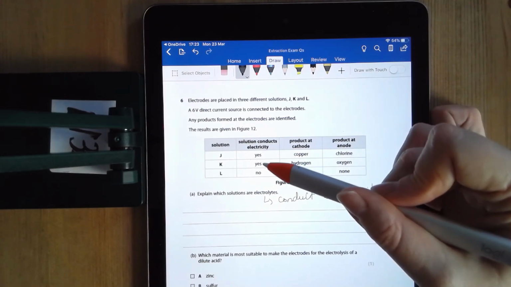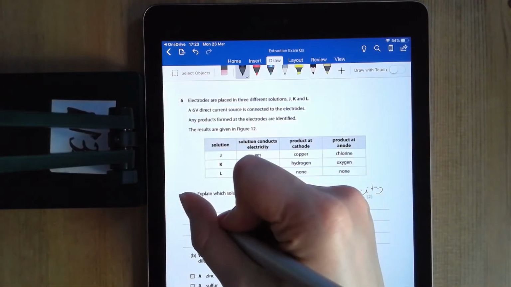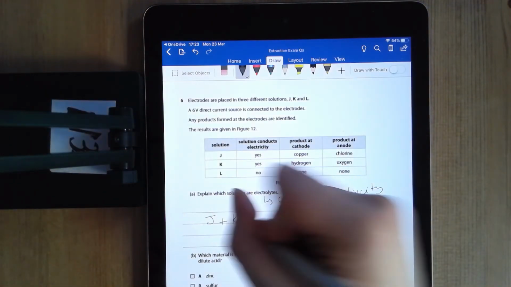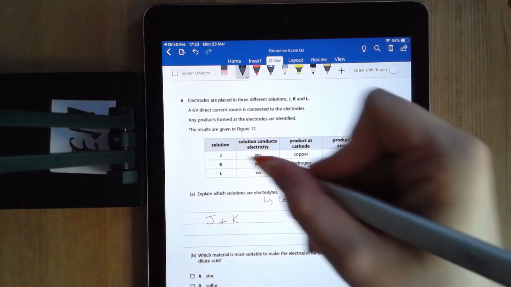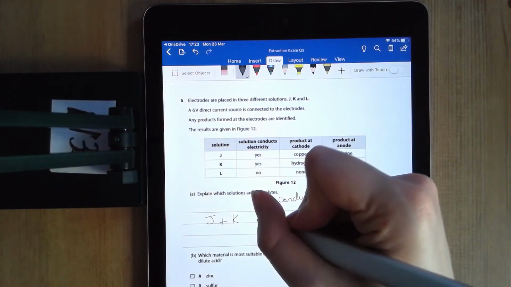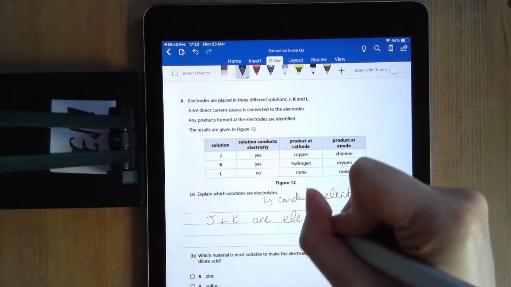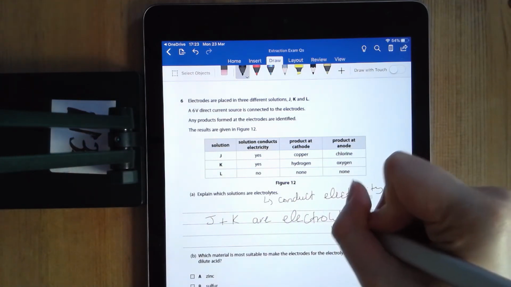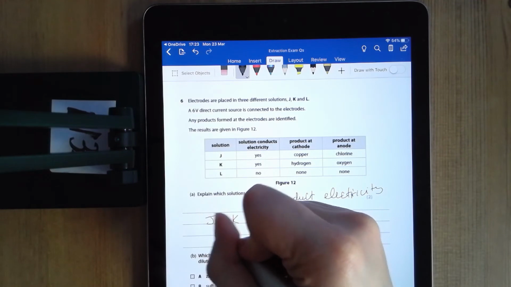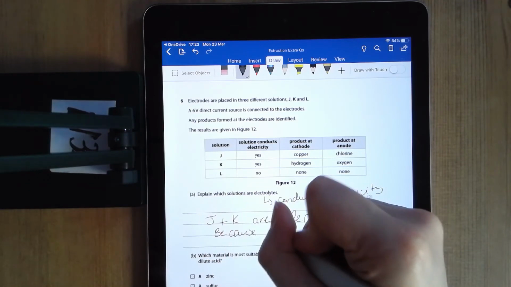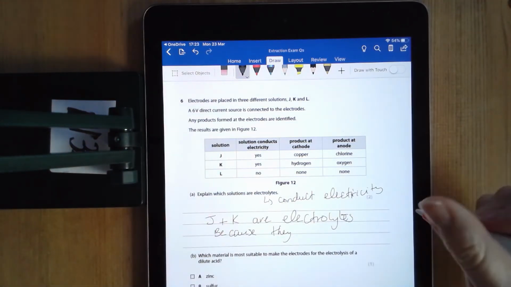J conducts electricity and K conducts electricity. So I'm going to write J and K. That's 1 mark for identifying which two. And then I need to give a reason. J and K are electrolytes, and the reason they're electrolytes is because they... sorry, there's a little bit more to the definition.